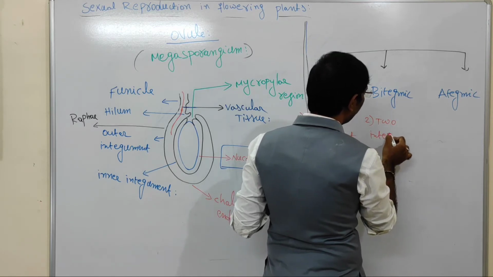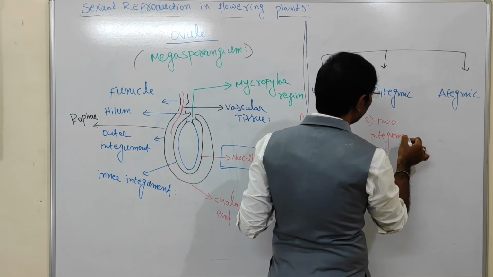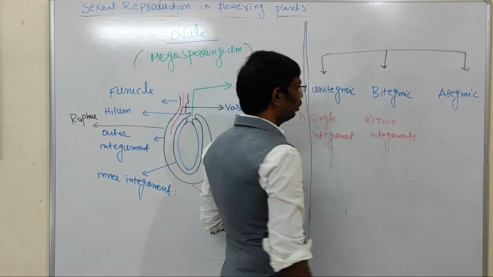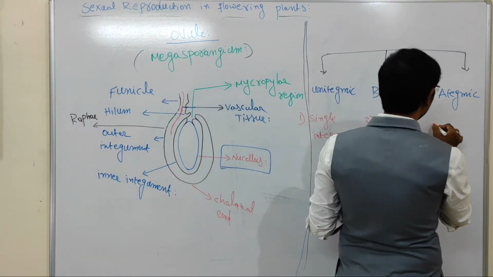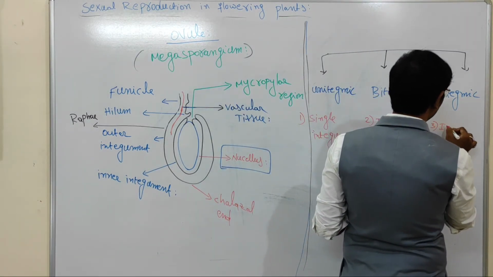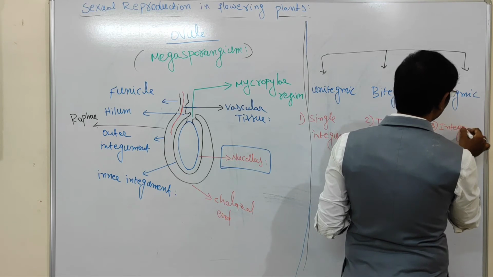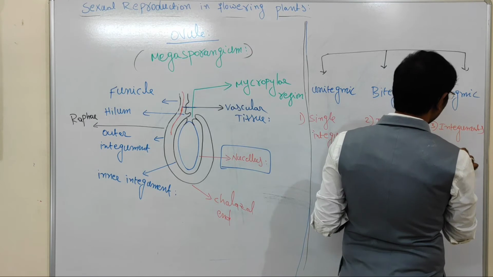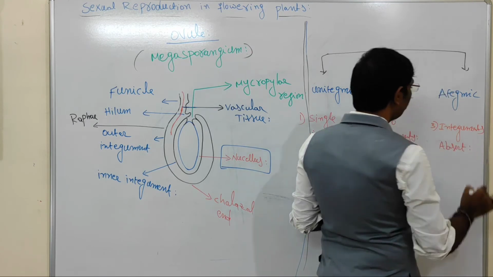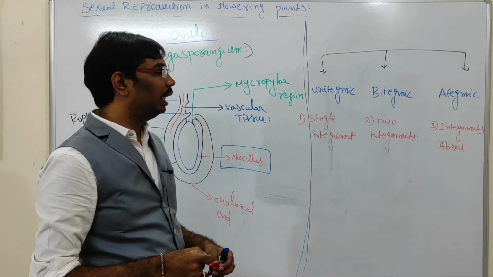And ategmic means the integuments are completely absent.